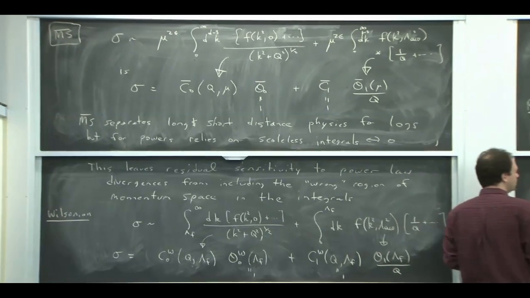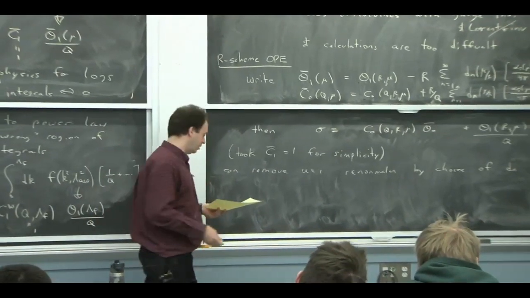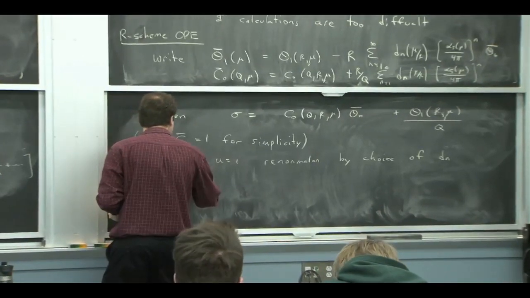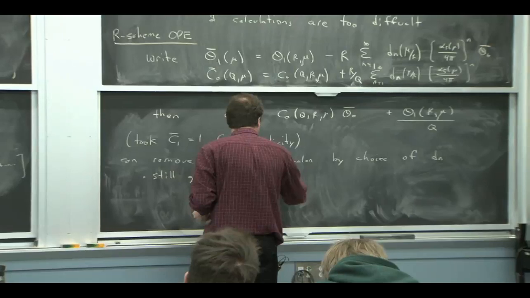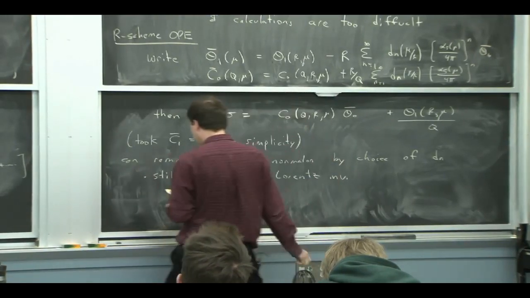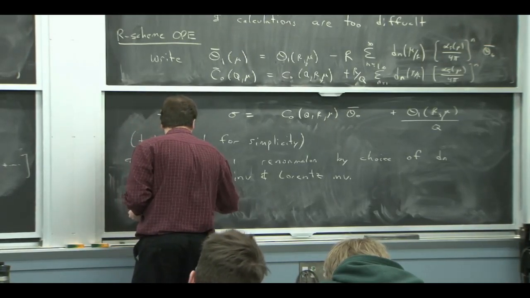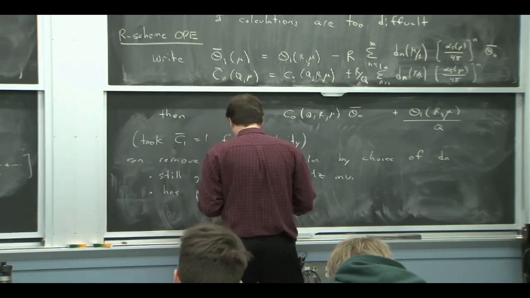And the nice thing about this is that we can maintain the symmetries, still gauge invariant, still Lorentz invariant. And we don't get the full power of the Wilsonian, but we get closer to it.